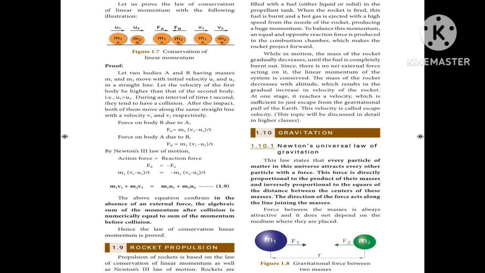While in motion, the mass of the rocket gradually decreases until the fuel is completely burnt out. Since there is no net external force acting on it, the linear momentum of the system is conserved. The mass of the rocket decreases with altitude, which results in a gradual increase in velocity of the rocket. At one stage, it reaches a velocity which is sufficient to just escape from the gravitational pull of the Earth. This velocity is called escape velocity.